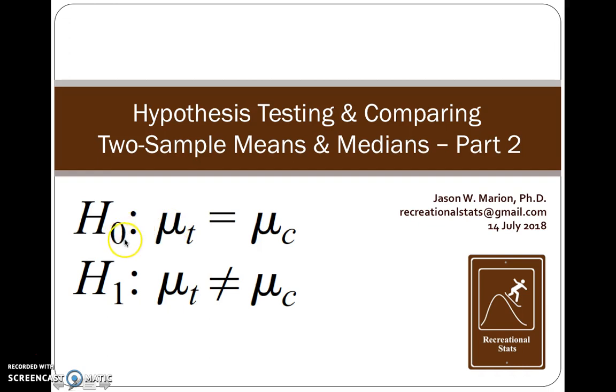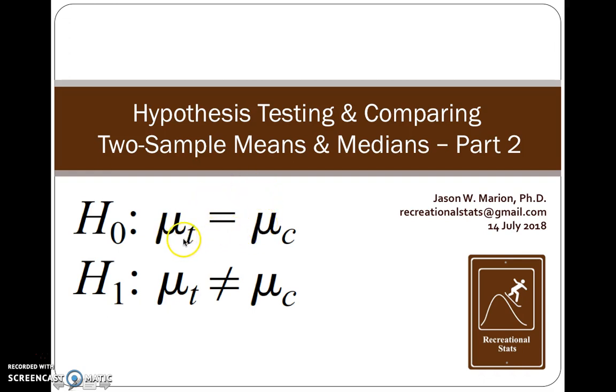So you have your null hypothesis right here, H sub 0 or H naught. They call this the null hypothesis. And the null hypothesis always has the equal sign saying that the mean of this is equal to the mean of this.